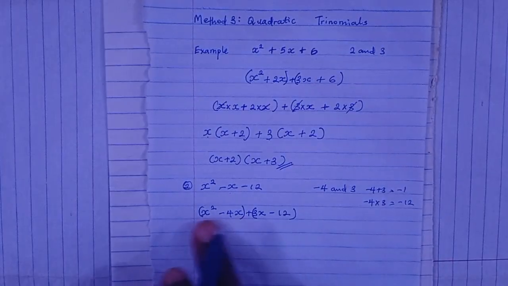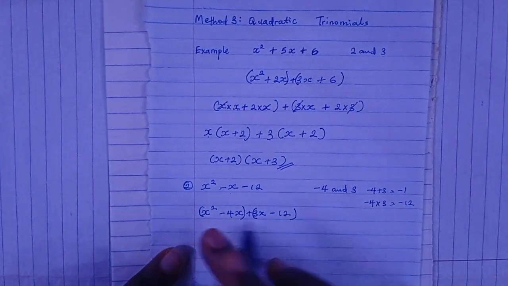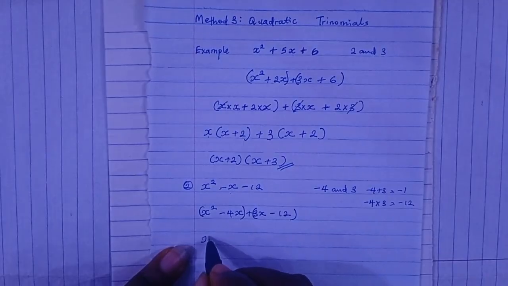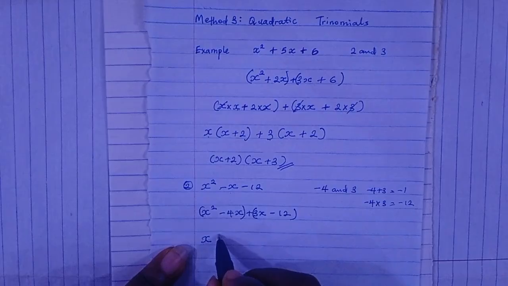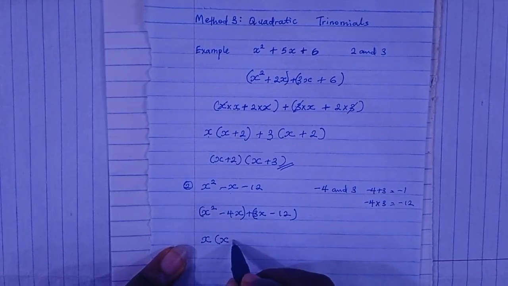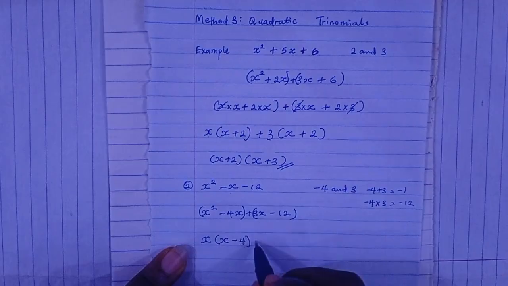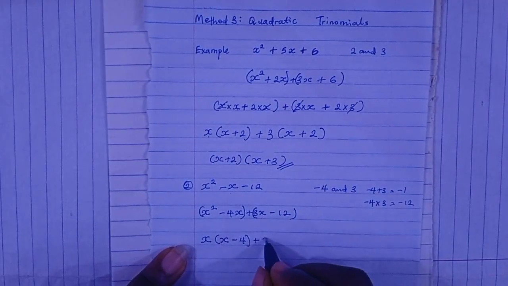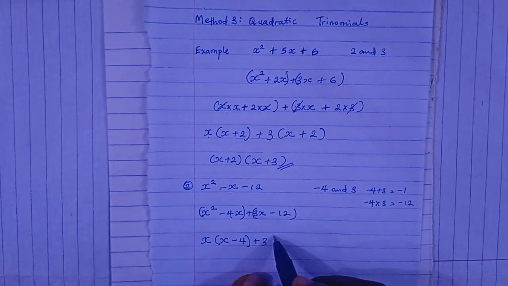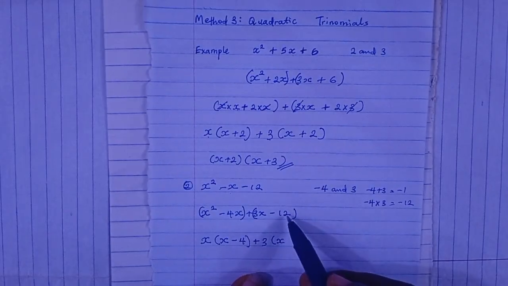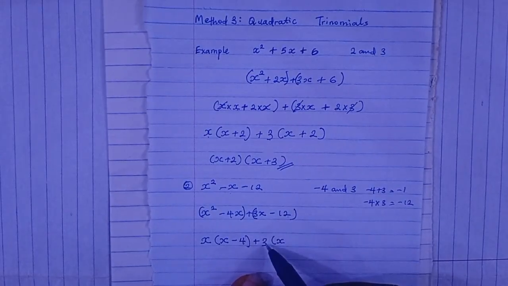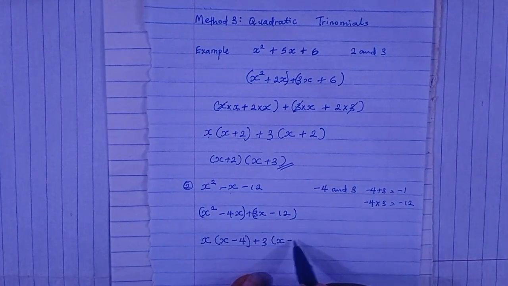For this one, the common factor here is x. We have x. Here is remaining just x minus, there is remaining 4. For this one too, the common factor here is 3. Here is remaining x. Divide 12 by 3, you have 4, minus 4.